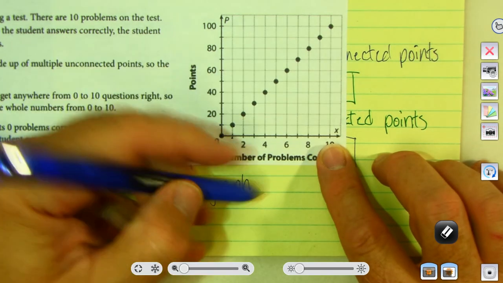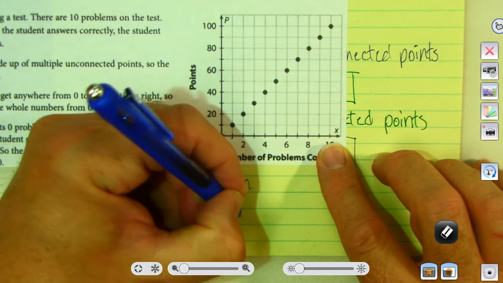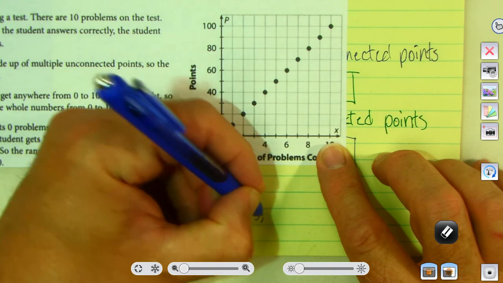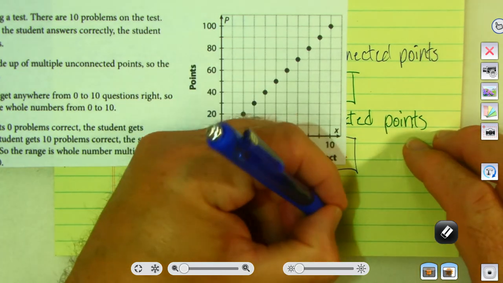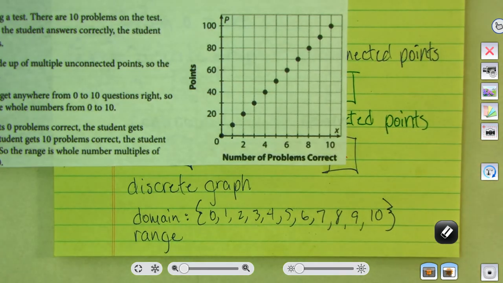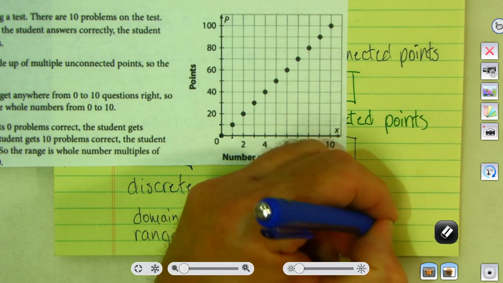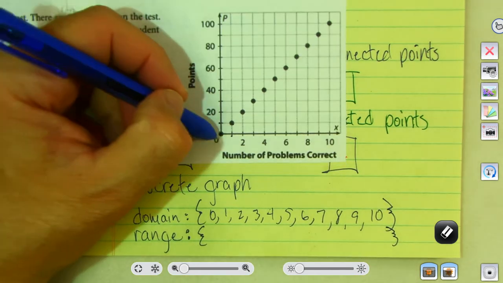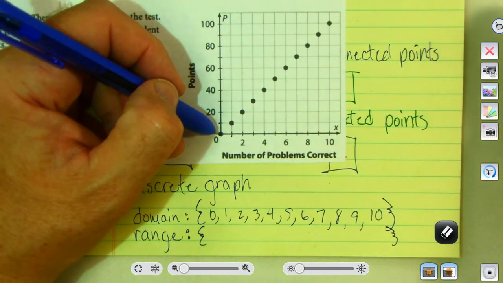So in domain, I just want to know what are those first values. Well, the first value could be 0. It could be 1. It could be 2, 3, 4, 5, 6, 7, 8, 9, 10. The number of problems I have. Okay? So that's the domain. The range, then, is my second coordinate of my ordered pair, or in this case, the y values. Again, I don't care about the x in the range. I'm just looking at the y values.